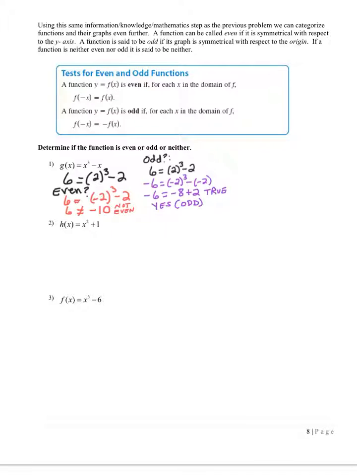Is it even? Well, if we replace 2 with a negative 2, we don't get the number 6. We get the number negative 10. So therefore, this function is not even. Is it odd? Well, if we replace the 6 with a negative 6, and we replace the 2 with a negative 2, lo and behold, we get that negative 6 equals negative 6, and this is true. So yes, this is an odd function.